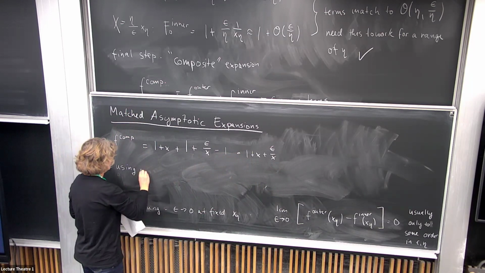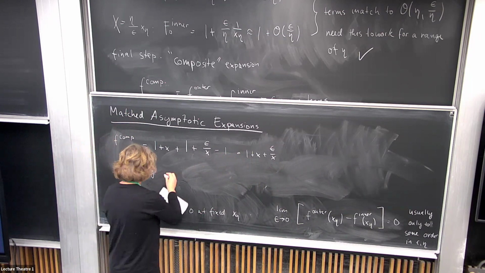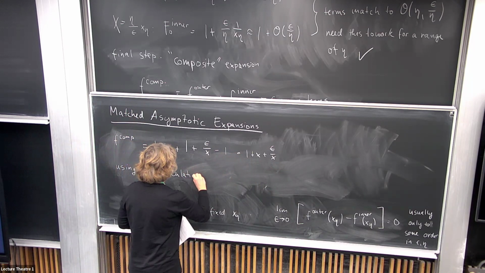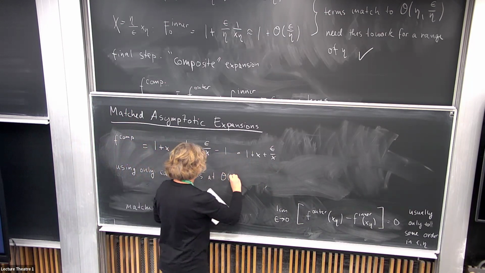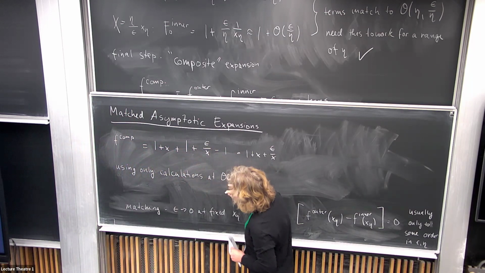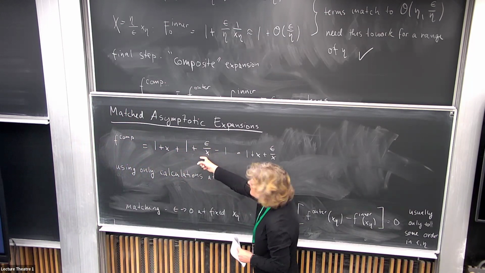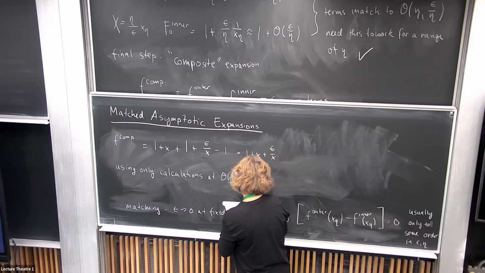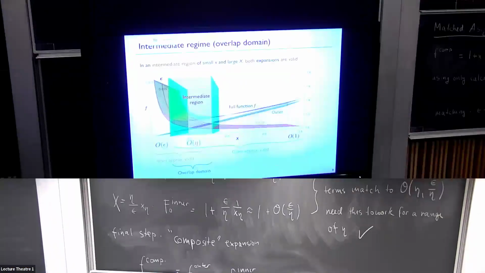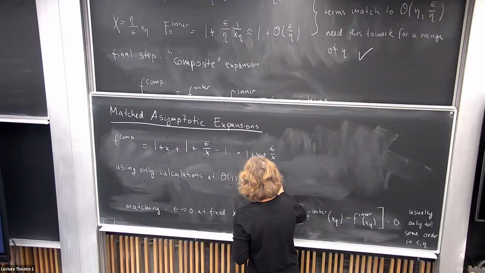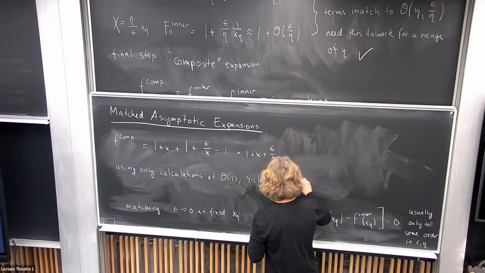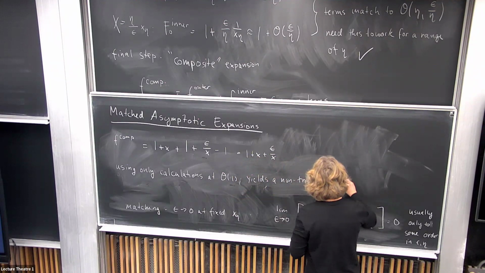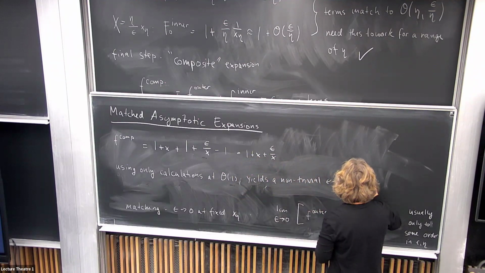So using only calculations at order 1, up to, of course, the rescaling of the coordinates, we saw that in the composite solution, we did capture all the terms of order epsilon, or at least the relevant ones. So it yields a non-trivial dependence in the solution.